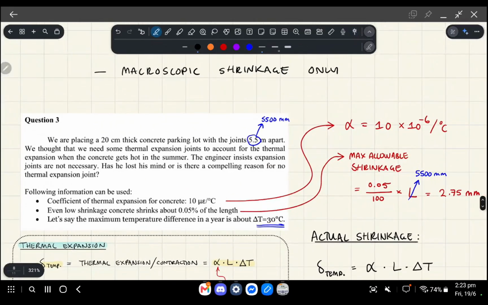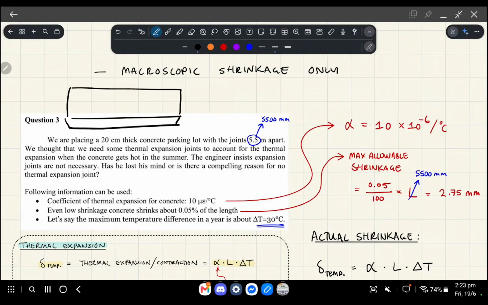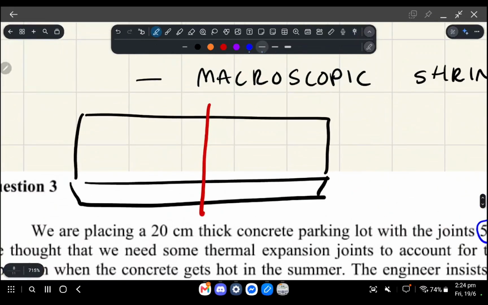When you have a large block of concrete, which way do you expect a crack to form and where? You will expect a crack to form somewhere there. The reason is when you have shrinkage, all these bits of concrete are trying to pull away from each other.